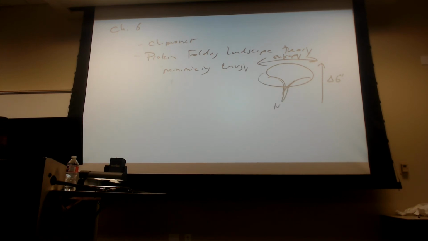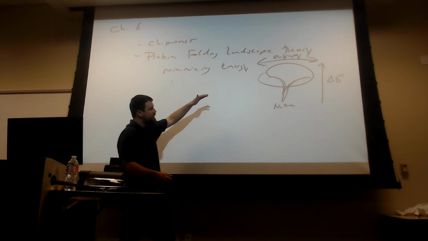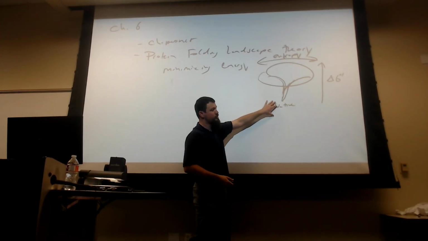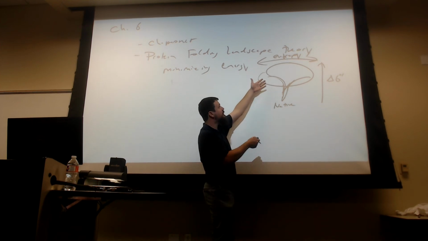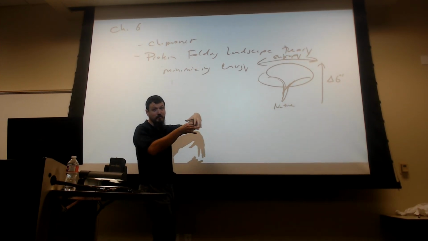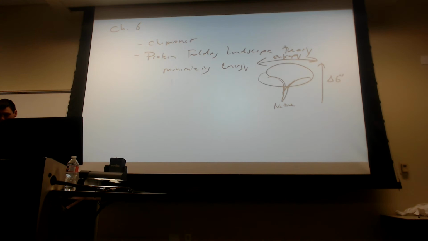We call this the native state. The interactions are coming together, and we get an overall more stable structure, even though it's becoming lower entropy, more ordered.